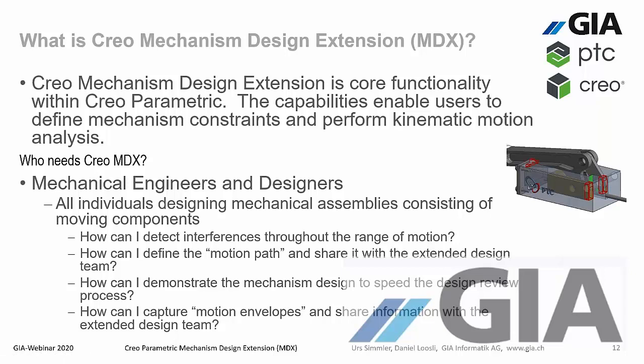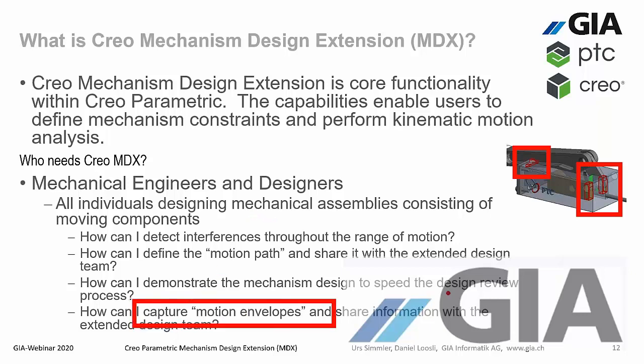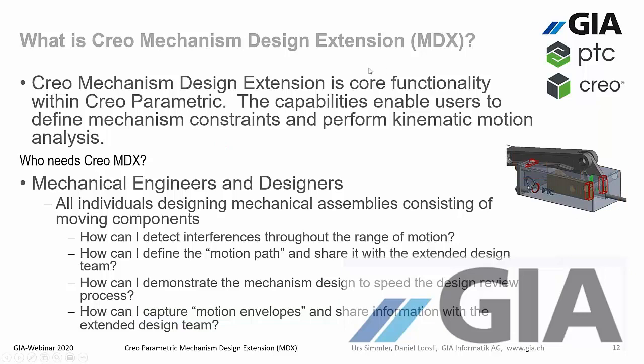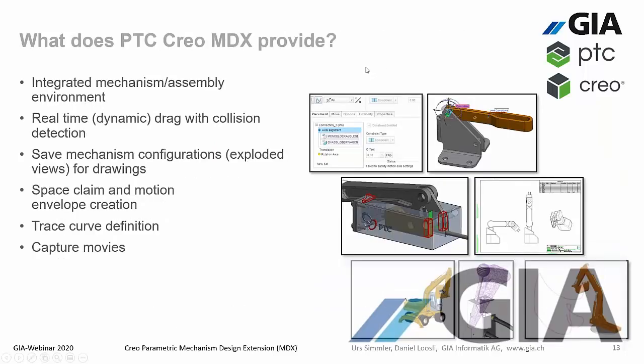Is there any interference while I'm moving my component? What is maybe the speed of a certain point? What's the acceleration of a certain point? I can capture motion envelopes and all that kind of stuff. So I can see the kinematic behavior of my mechanism here.